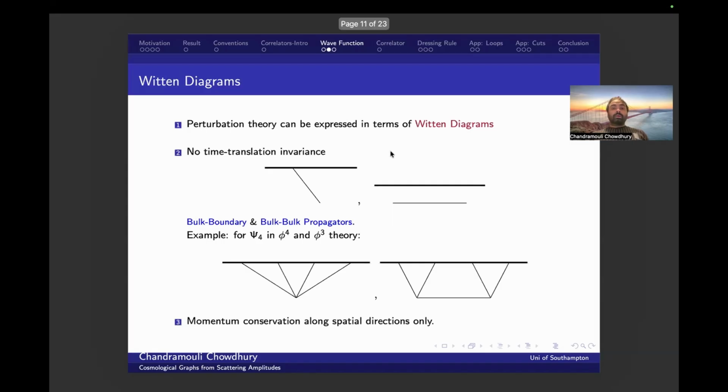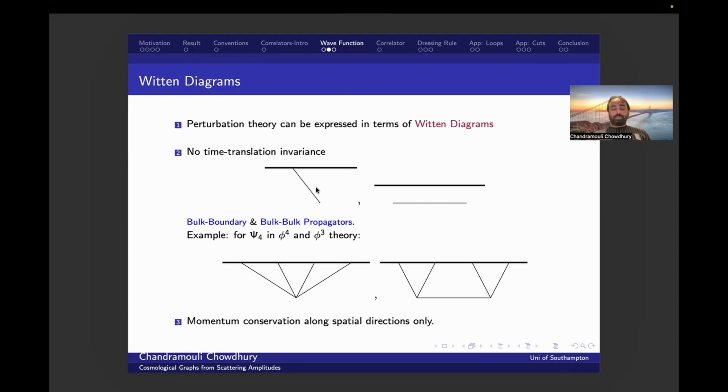Excellent. Now, as I said, you can organize perturbation theory using some diagrammatic rules. And these are very similar to the standard Feynman diagrams you use, except that you make one time slice special because you're evaluating the wave function on that time slice. So in this case, you can have propagators of two kinds, ones which end on the time slice, which are represented as this, and ones which survive between any two different times.